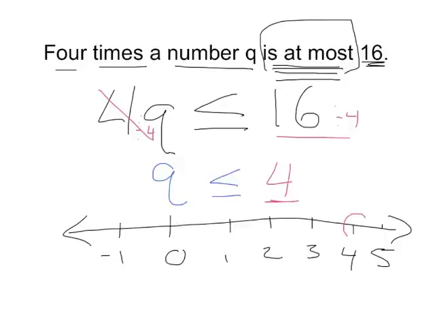So we put a circle on 4, and it says q is less than or equal to 4. So we want all the numbers that are less than 4. So we shade to the left side because those are the numbers that are less than 4. Now the question is, do we shade the 4? Is 4 less than or equal to 4? Yes, 4 is equal to 4. So we shade the dot at 4.